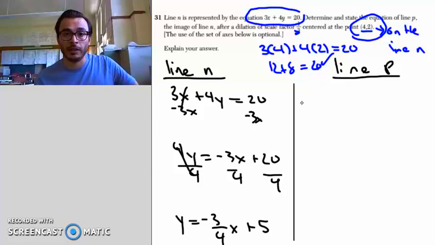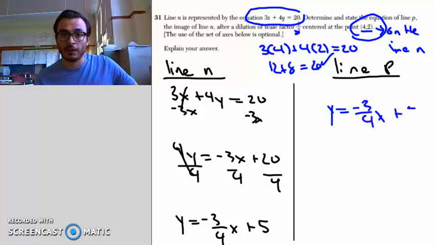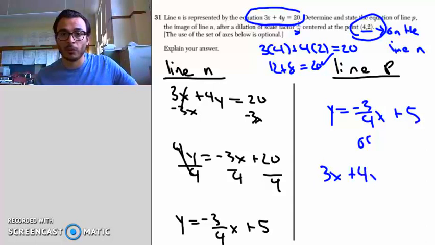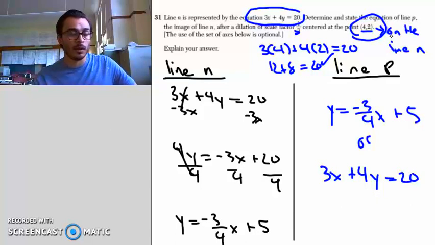So the answer is, you can say it's y equals negative 3 over 4x plus 5. Or you can even just give the original line. You don't even have to put it in y equals form. 3x plus 4y equals 20, because it just said state the equation of line P. It didn't say in what form to do it. So that's the answer, and they do want an explanation.